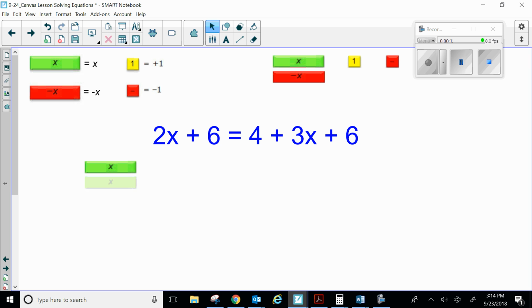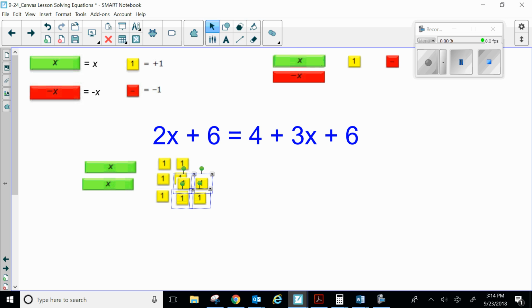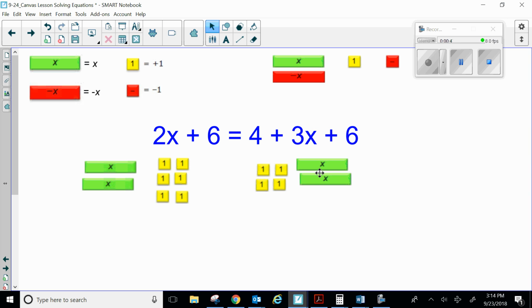So starting with 2x plus 6 equals 4 plus 3x plus 6.